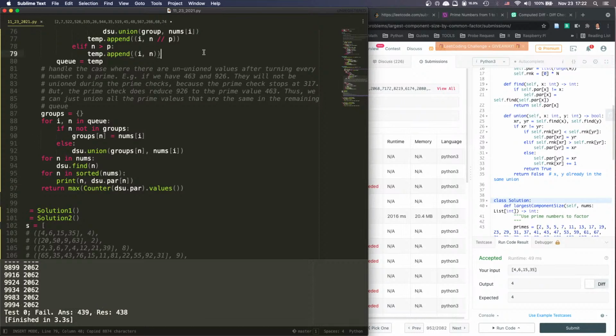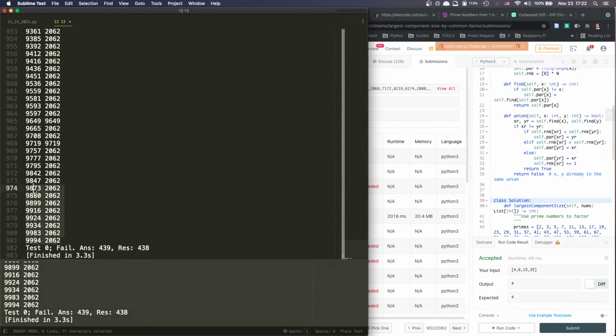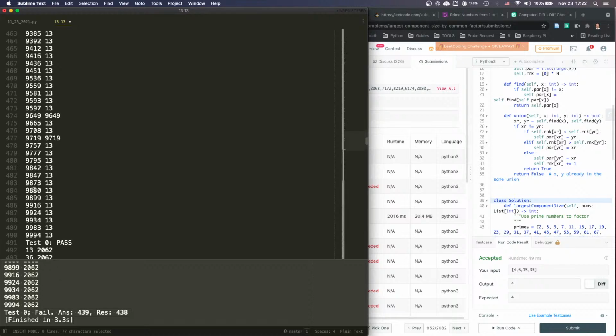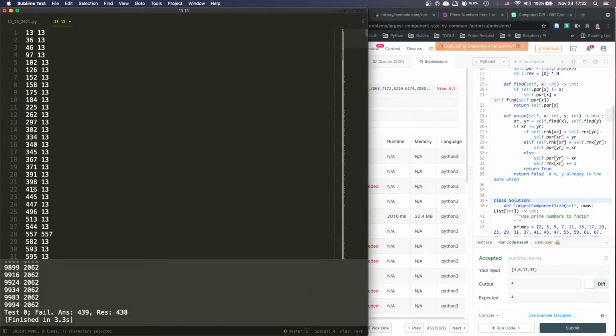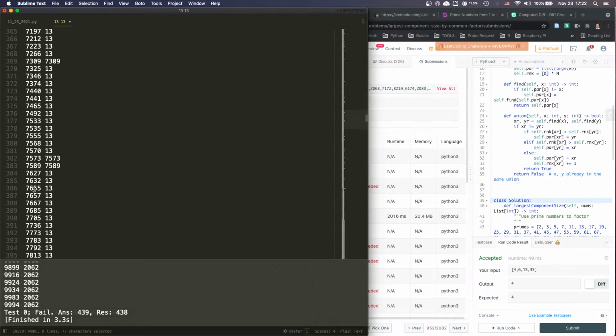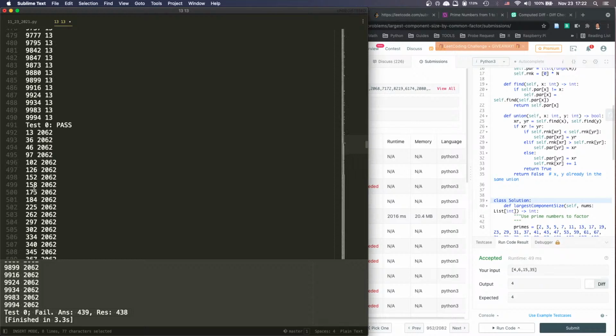Well, let's handle it here. All right. So everything all the way up to where? Should be 13. Shoot. All the way here. All right.